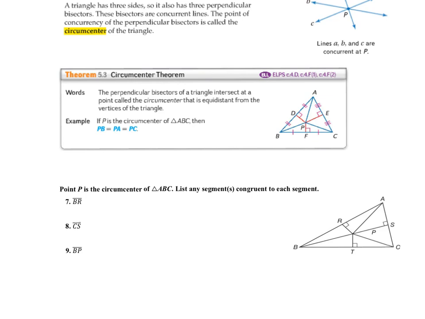So, given that point P is the circumcenter of ABC, list any segments that are congruent to each segment. So, BR, segment BR here. Well, if P is the circumcenter, then BP is a perpendicular bisector, which means that BR is congruent to RA.